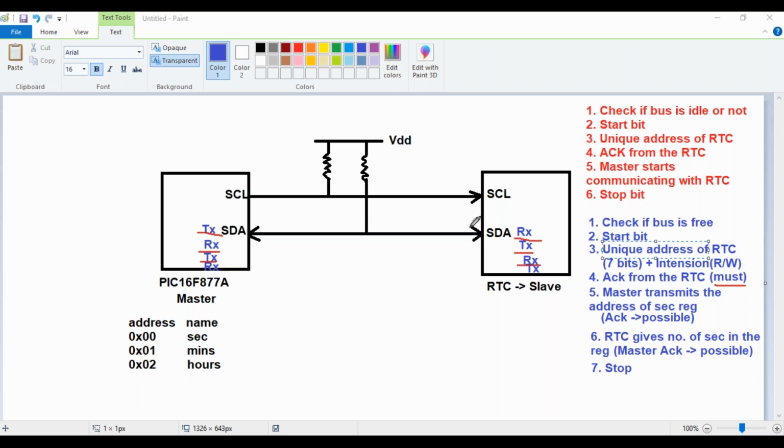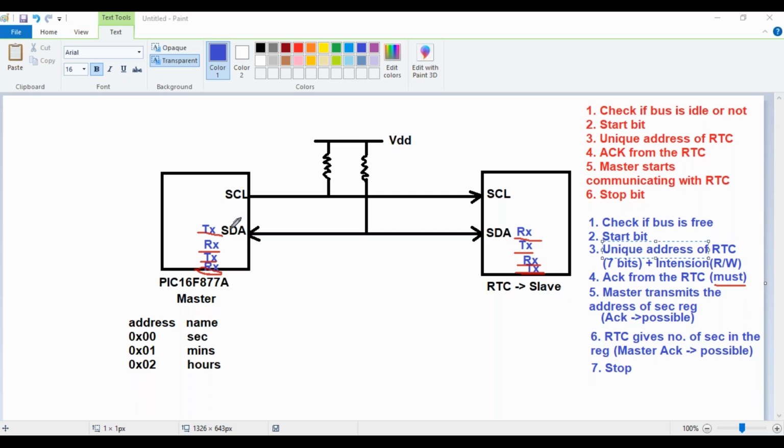Once the master transmits the second register's address, it is possible that the master may receive an acknowledgement from the slave saying that I know you are coming to read the second register. After that, the RTC starts transmitting the number of seconds from the second register, and that will be received by the master. It is possible that the master gives an acknowledgement saying that I got the number of seconds from you.